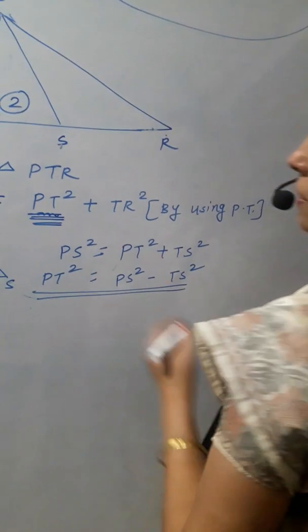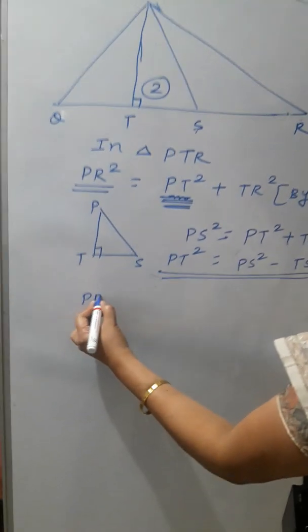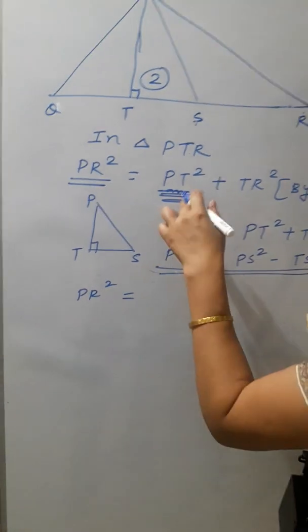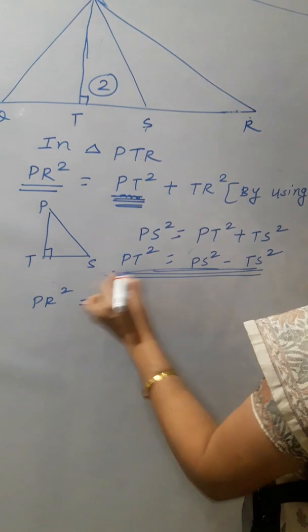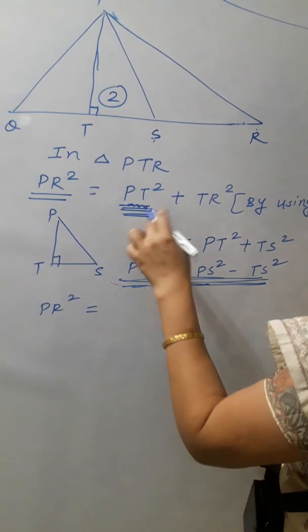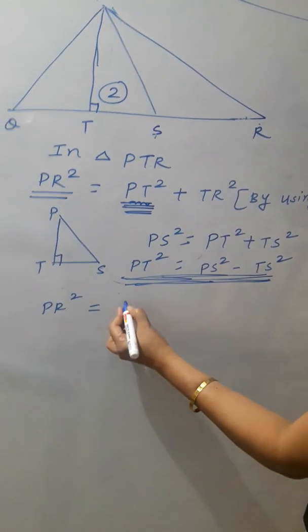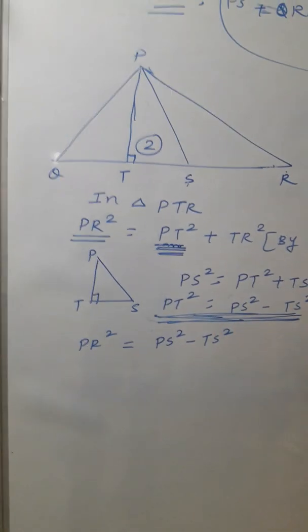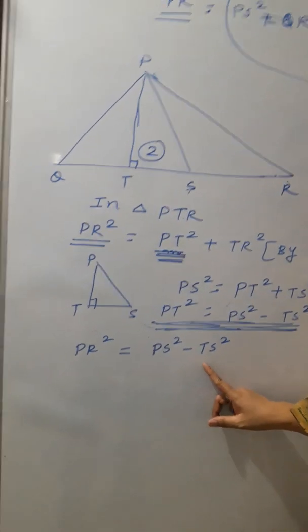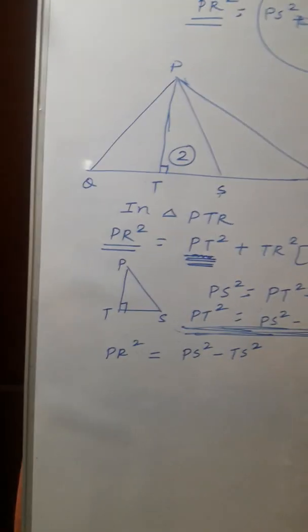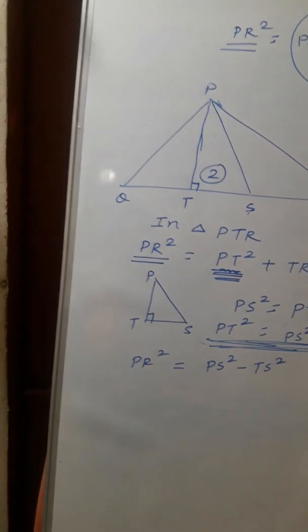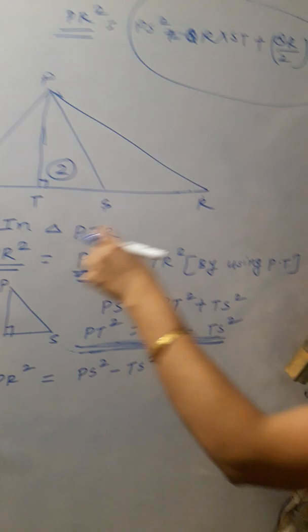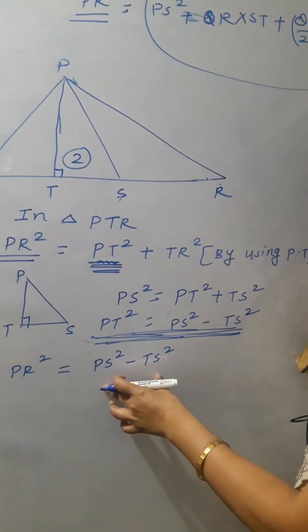Is it? Now PR square, LHS is proved. This is PT square. But I have the value of PT square, which is PS square minus TS square. Okay.